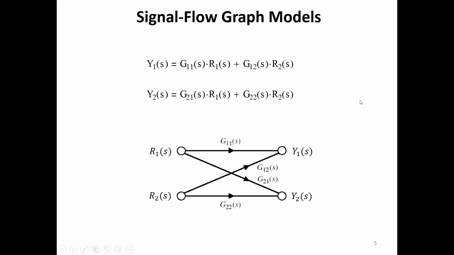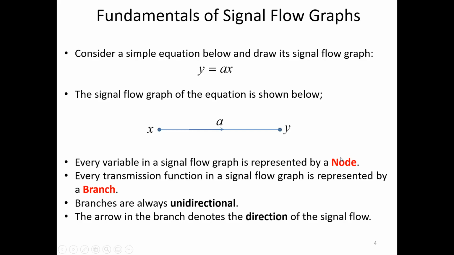So in a signal flow graph, every signal is represented by a node. Number of nodes corresponds to number of signals present in the system. And every transmission function in a signal flow graph is represented by a branch. From one node to the other node, if there is any gain or transmittance which has to be added, that is happening through a branch.